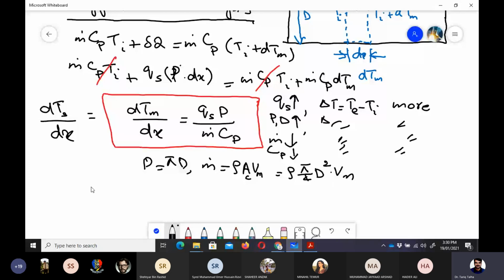So if we put it here, dTm upon dx would be equal to Qs into pi d divided by rho into pi by 4 d square into Vm.